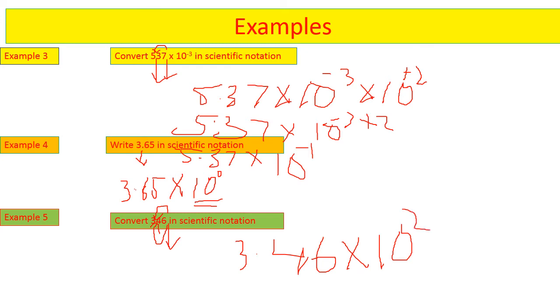That is its scientific notation form. Dear students, we solved different examples to clear the concept of scientific notation. I hope that the concept of scientific notation will be clear.